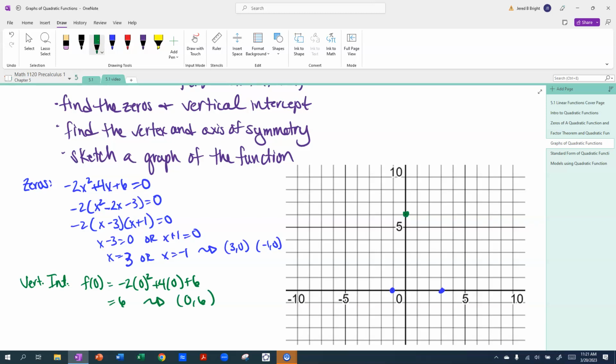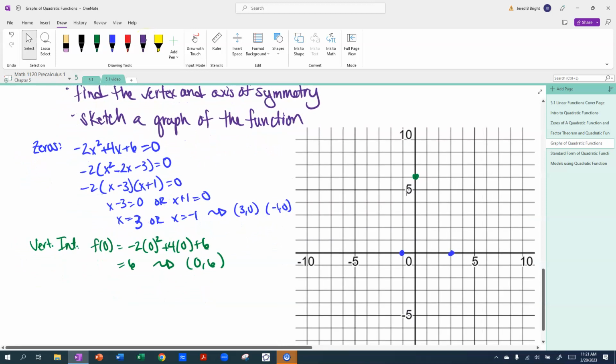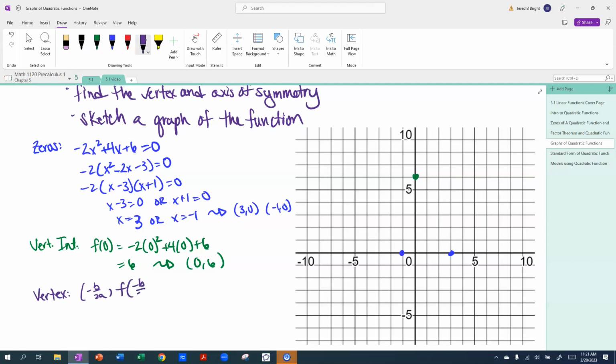There's my vertical intercept. Next up, it says find the vertex and axis of symmetry. So, vertex. This was at negative b over 2a, and then f of negative b over 2a.